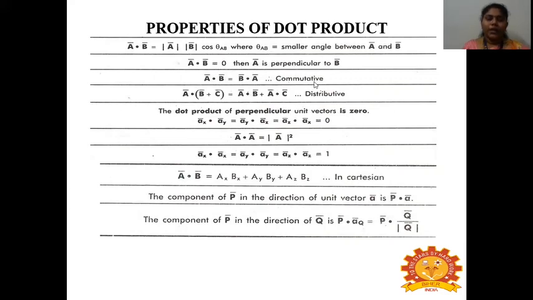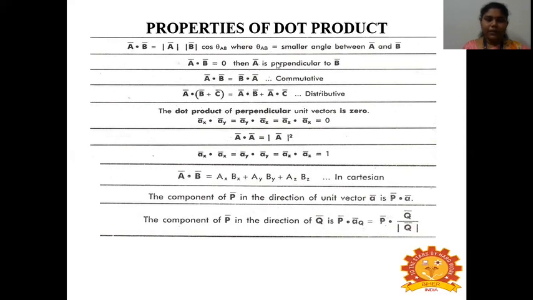Next is the commutative law. A vector dot B vector will be equal to B vector dot A vector. Next is distributive: A vector dot (B vector plus C vector) will be equal to A vector dot B vector plus A vector dot C vector. Then the dot product of perpendicular unit vectors will be equal to 0, which we already saw.